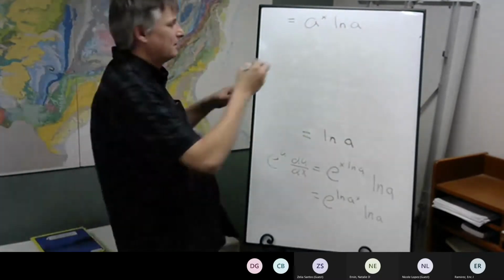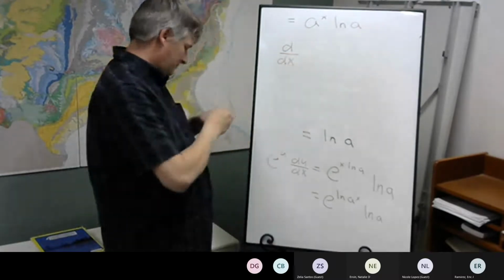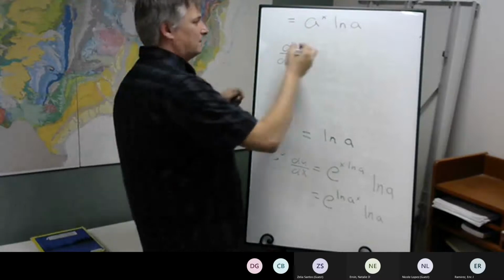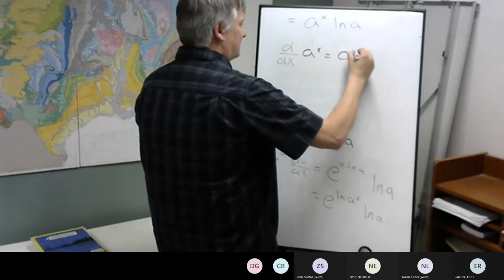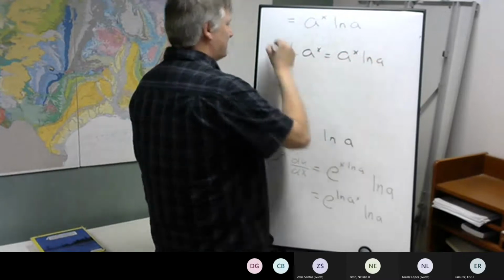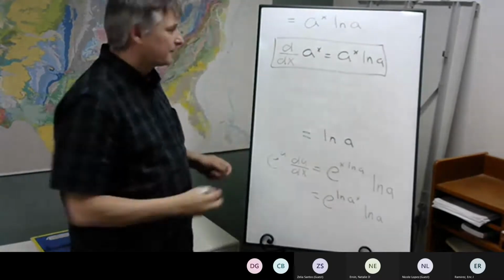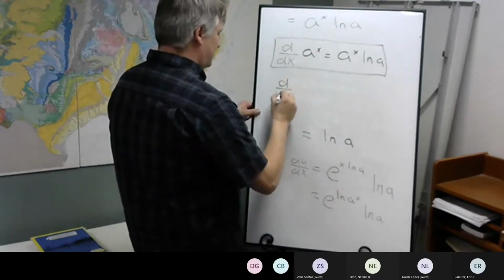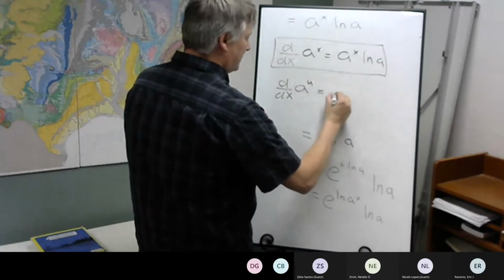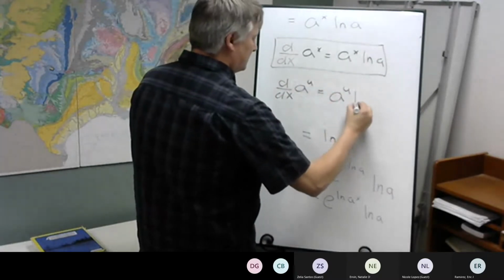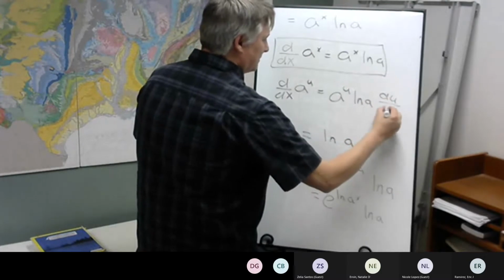So what that means, the derivative of a to the x is a to the x natural log of a, or d dx, a to the u will be a to the u natural log of a times du dx.